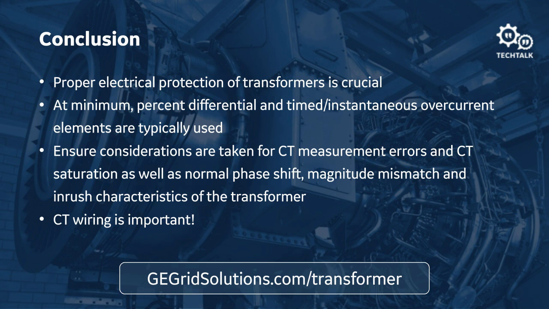Or depending which test set you're using, I think some of them do have a feature where you can input your relay settings to it. It'll plot the slope characteristics, and when you do the test, it'll tell you if the relay passed or failed. Or depending which relay you're using, we do have a differential element simulator that you can download from our website.